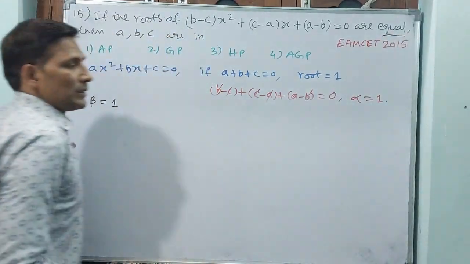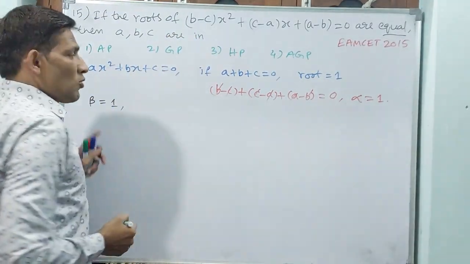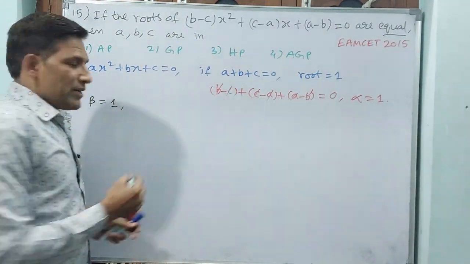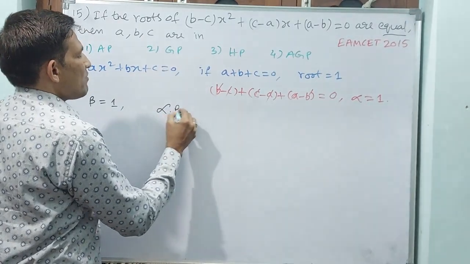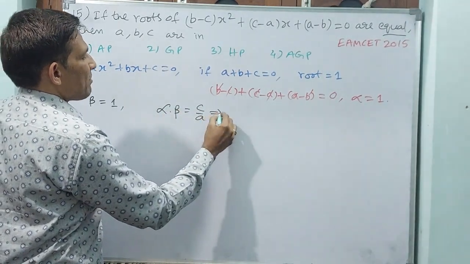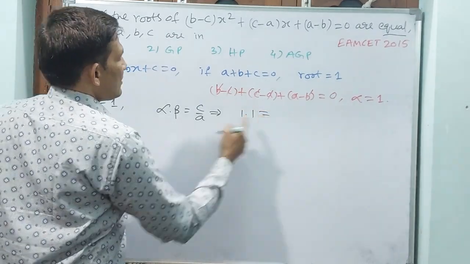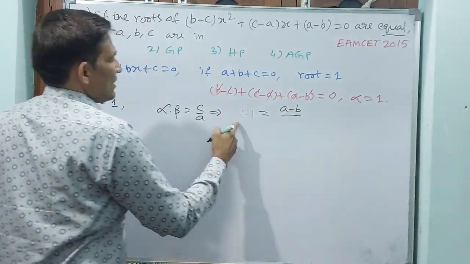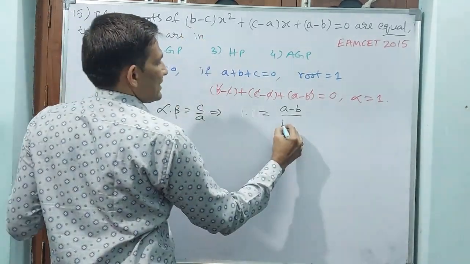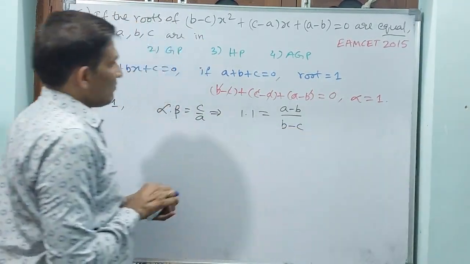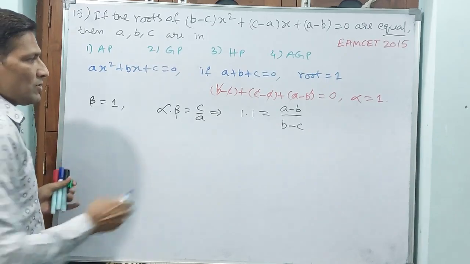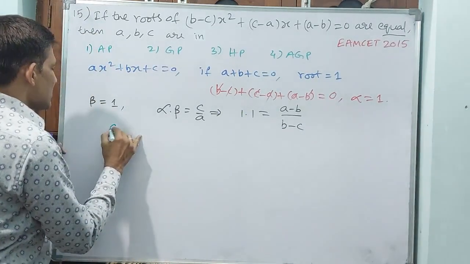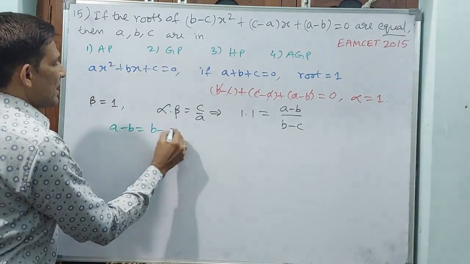Equal roots. Then don't take alpha plus beta, but take alpha into beta. Alpha into beta is equal to c by a, which implies 1 into 1 is equal to, what is c here? C is a minus b, so a minus b by a. A is what? B minus c. Now see, this side is one. That means a minus b is equal to b minus c.